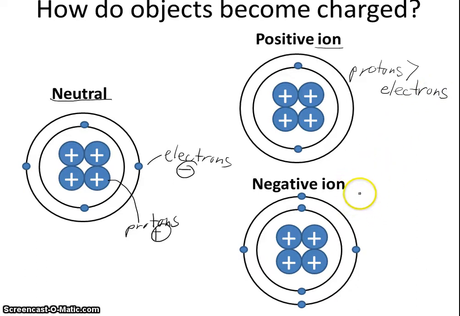If you have more electrons than you have protons, you will have a negative ion because electrons are negative and protons are positive. So if you have more of them, you'll be negatively charged. And so the negative ion is negatively charged, the positive ion is positively charged, the neutral atom has no charge.